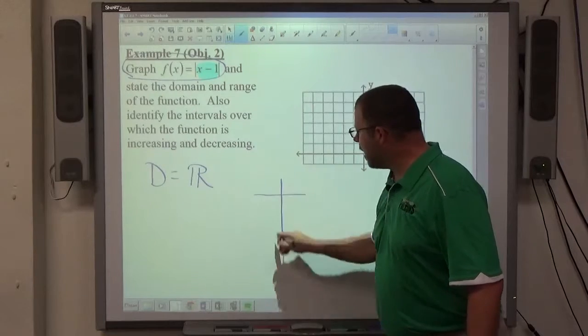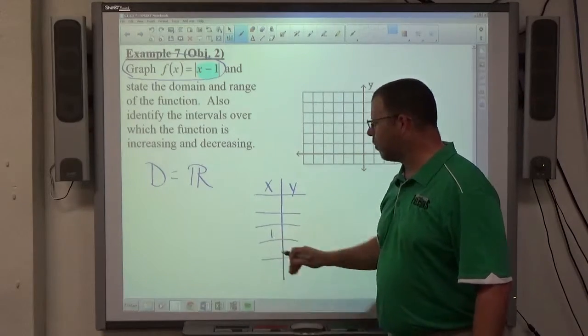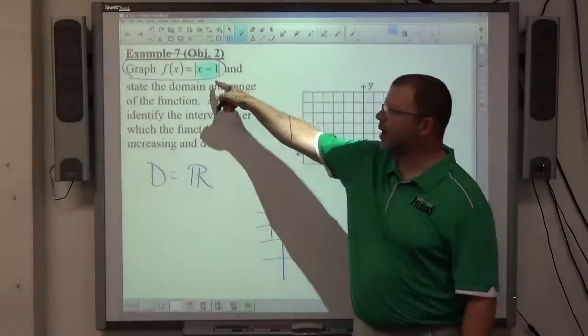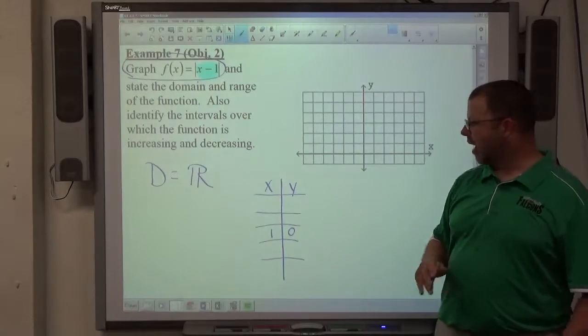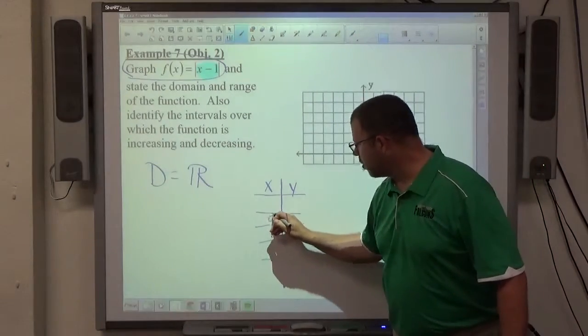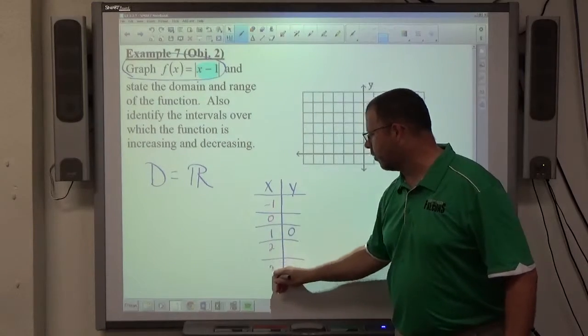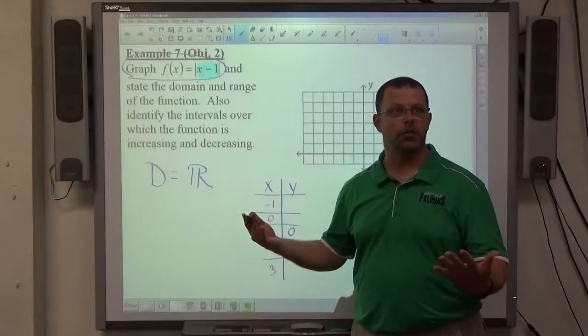So if I was to graph this function, I'd want to make sure that I pick the number 1, because 1 minus 1 is 0. The absolute value of 0 is 0. I'd also want to pick numbers near 1 because those are easy. So 0 and -1 and 2 and 3 are all near 1. In each case I'm going to subtract 1, make the result positive.